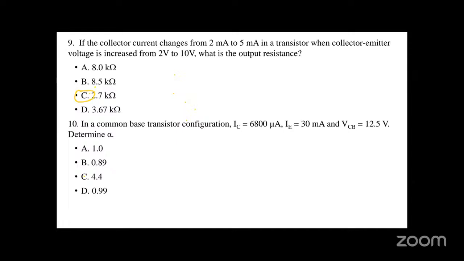Current amplification is output current over input current. For a common base, it implies that the input current is IE while the output current is IC. So alpha is equal to output current IC over input current IE.